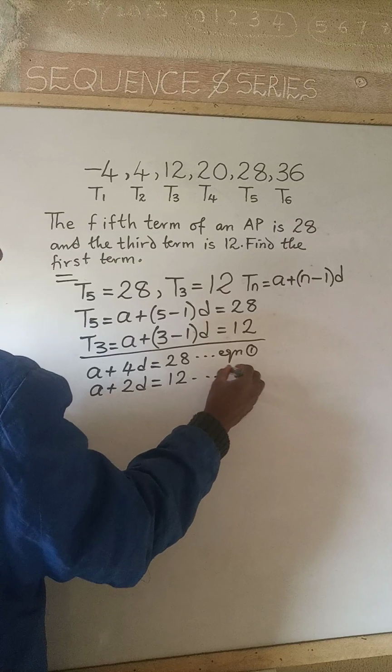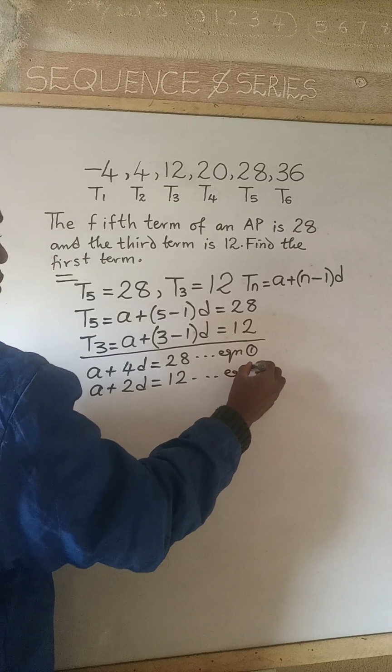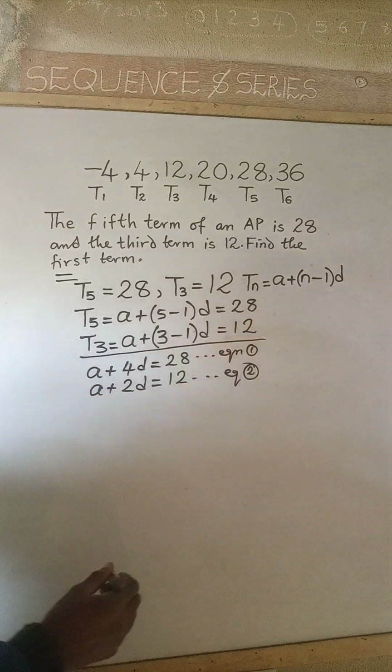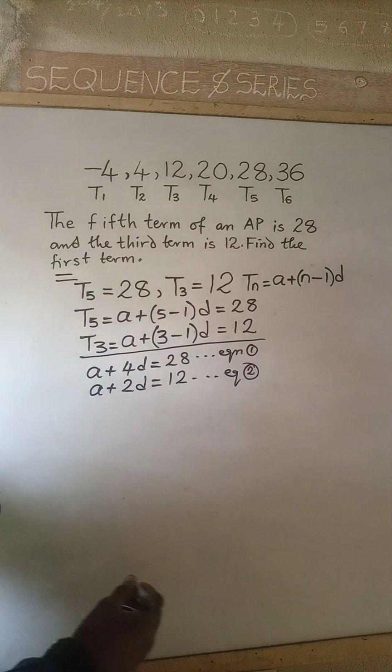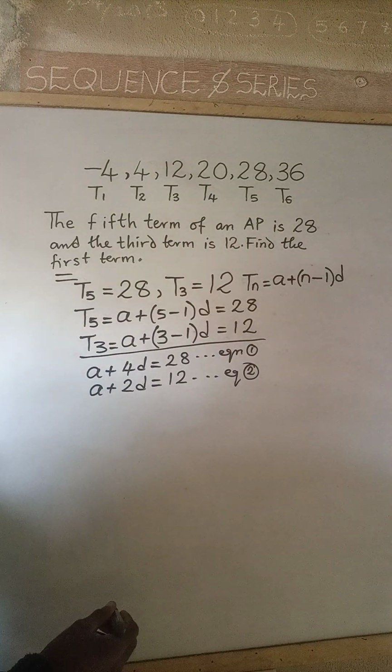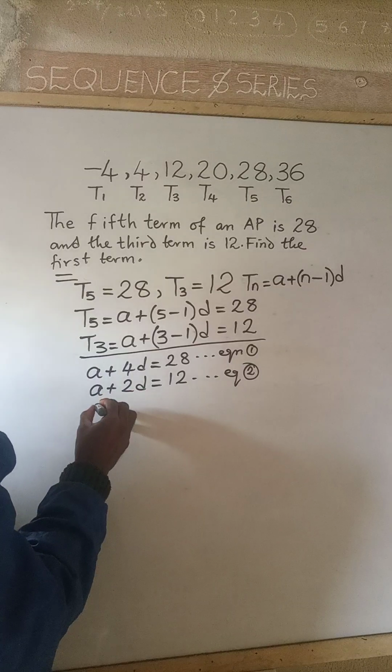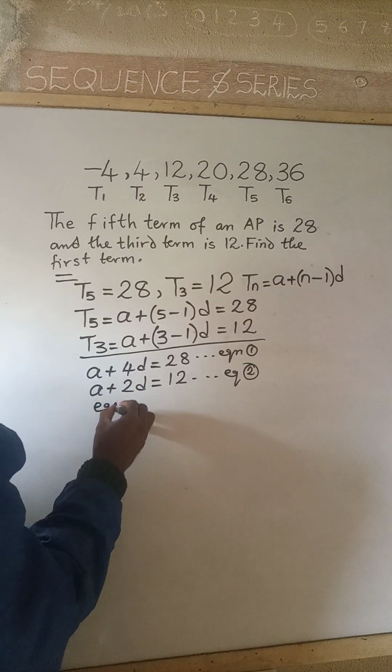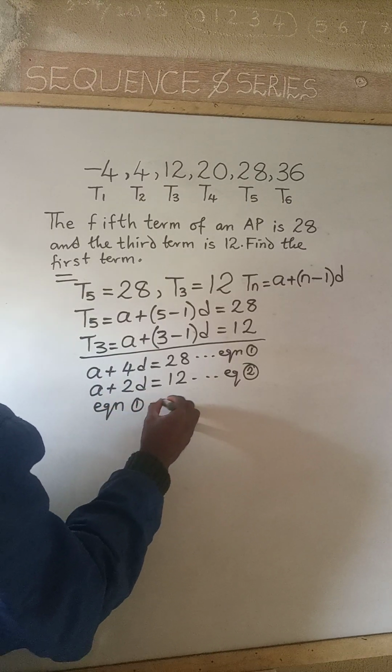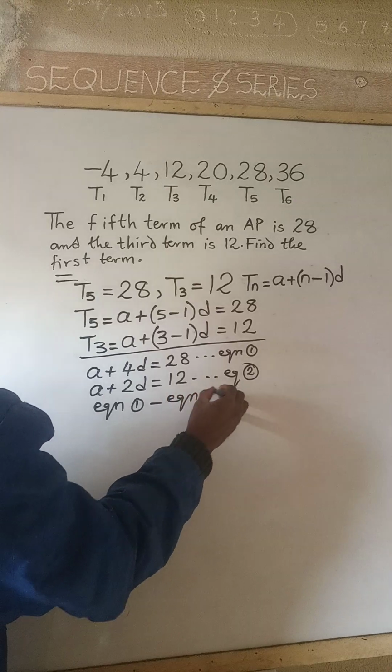And this is equation 2. So if I want to solve this now, I can solve this by elimination method, which is possibly I will do equation 1 minus equation 2.